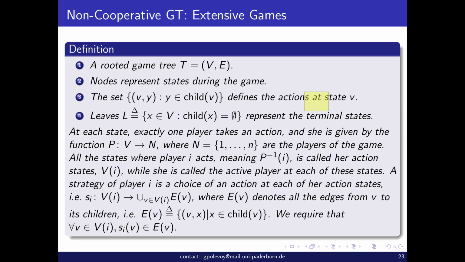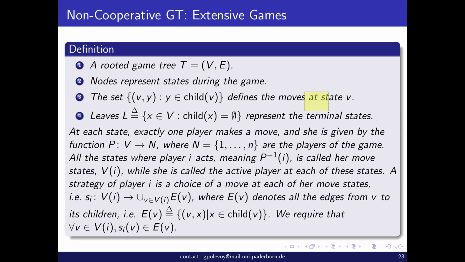I think I might call them moves. I actually may change that and call them moves now. Okay, so I've changed actions to moves throughout. Let's avoid the word action, because often people use it for strategies. And move is the basic move here.